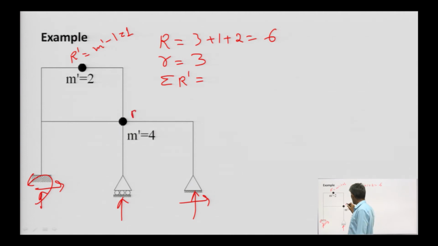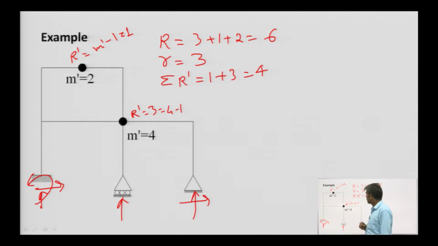Therefore, the r dash value here will be 4 minus 1, which is 3. So, sum of r dash is 1 plus 1 plus 3, total 5. Sum of r double dash here is 0, because we are not observing any force release member.